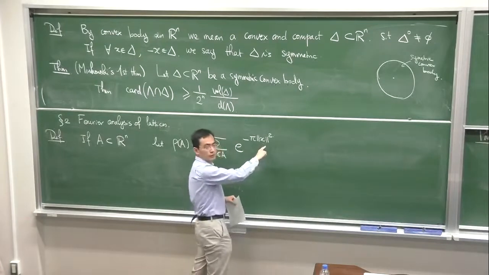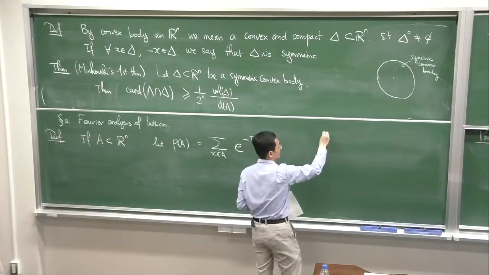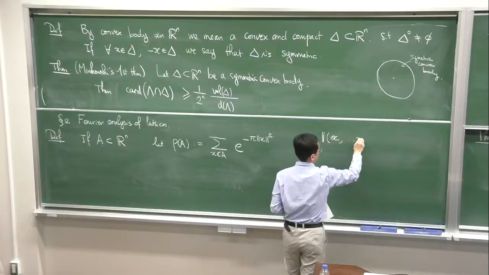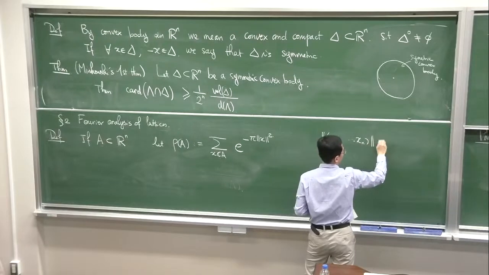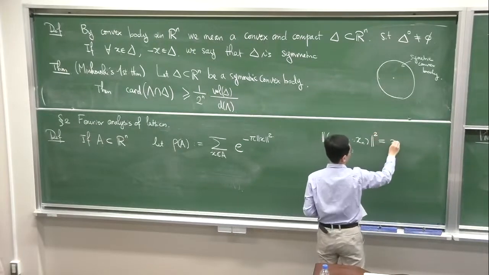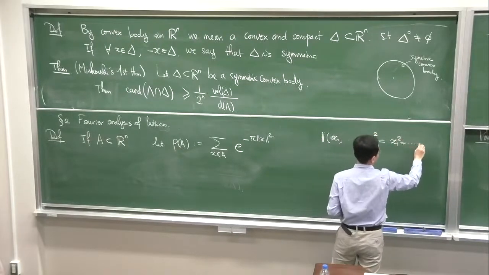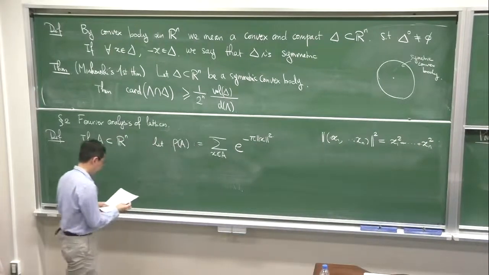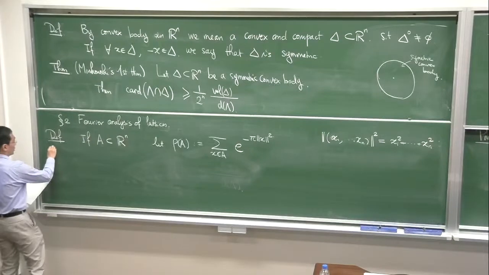This norm is the usual Euclidean norm on R to power n, namely the norm of x1, ..., xn squared is x1 squared plus x2 squared plus ... plus xn squared.